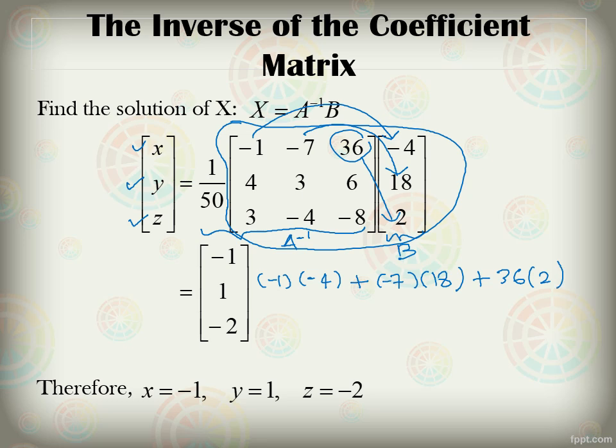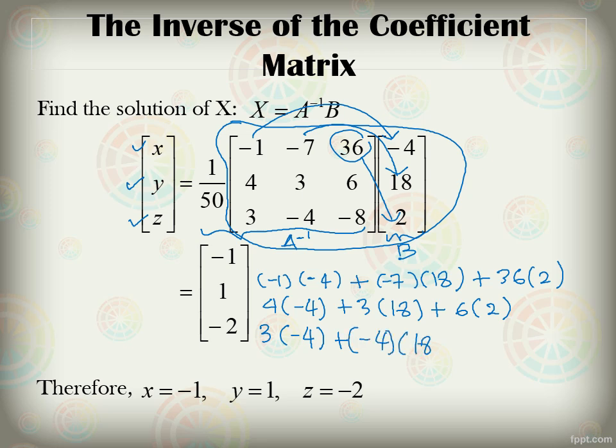Okay, and then go to the next row. 4 times minus 4 plus 3 times 18 plus 6 times 2. Alright, so we're done with the second row. Now go to the third row. 3 times minus 4 plus minus 4 times 18 plus minus 8 times 2.